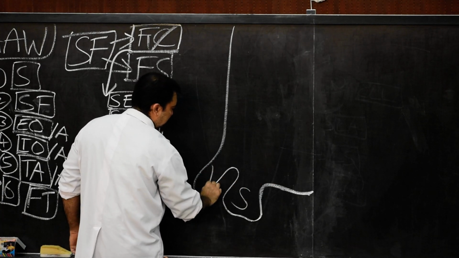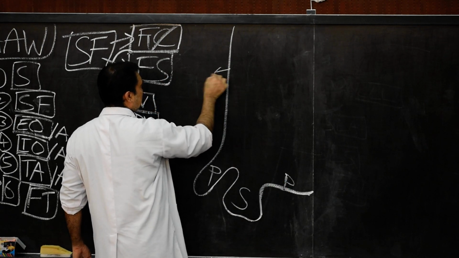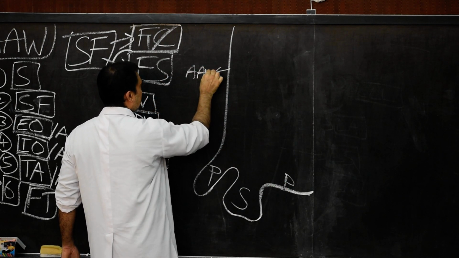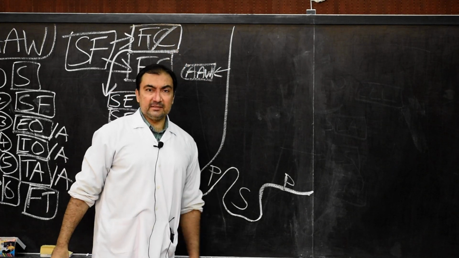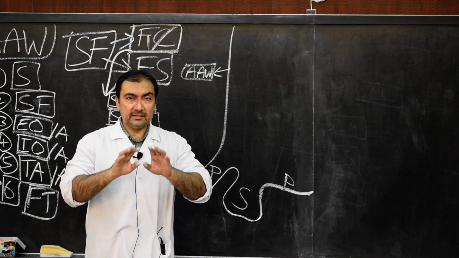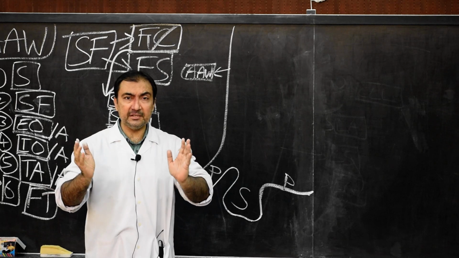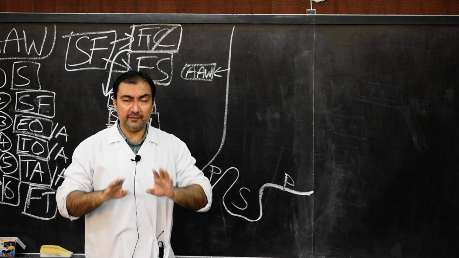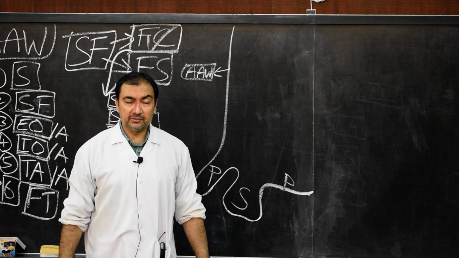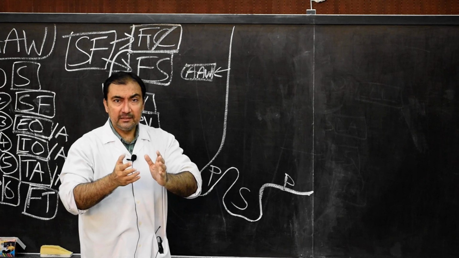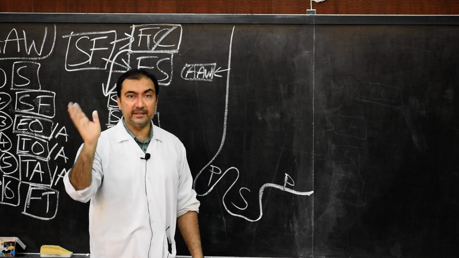Now, fascia of Camper is a fatty layer, so it is distributed and continuous in each and every region, superiorly, laterally, inferiorly. It is continuous everywhere with the localized subcutaneous fat. So it is continuous as subcutaneous fat in different regions of the body, and it itself is a collection of subcutaneous fat.